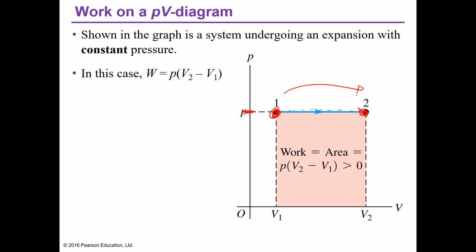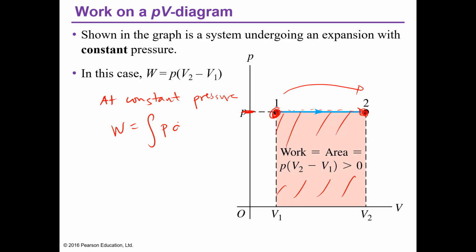And as I said, work is just the area under this curve. And at constant pressure, it is easy to integrate the P dV, right? So work is equal to the integral of P dV from V1 to V2. Since P is constant, you can take it out of the integral.